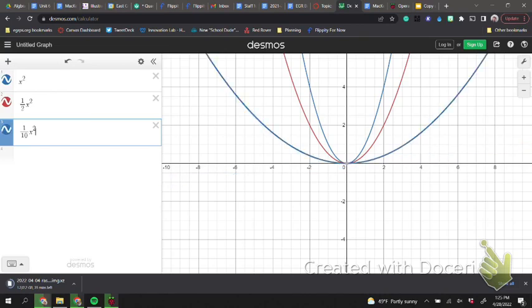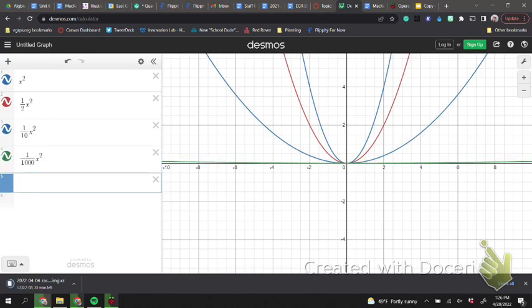Let's say 1/1000th x squared maybe. We're getting smaller and smaller. That almost looks like it's flat, and flat would be 0x squared because it's just 0. You good with that? If I'm going to go further than flat, I would have to go negative.